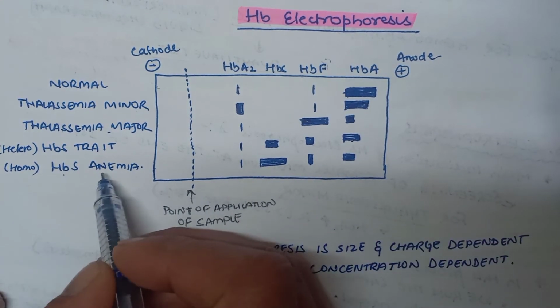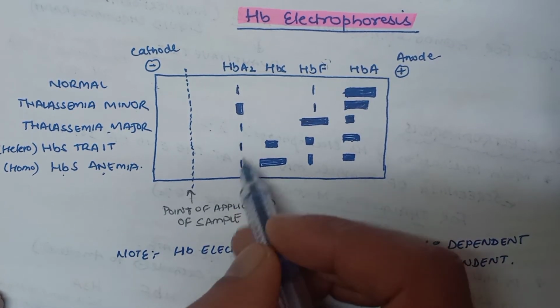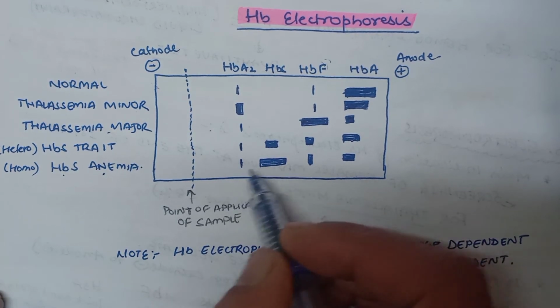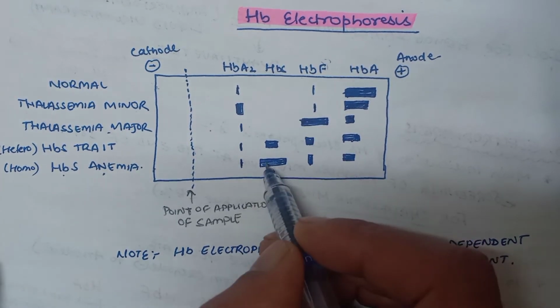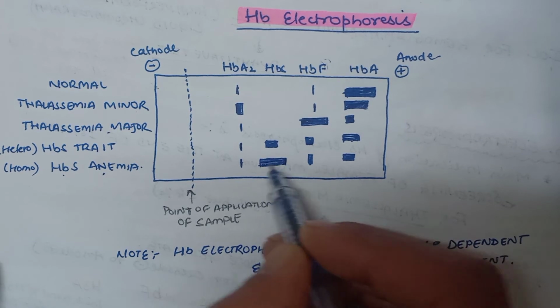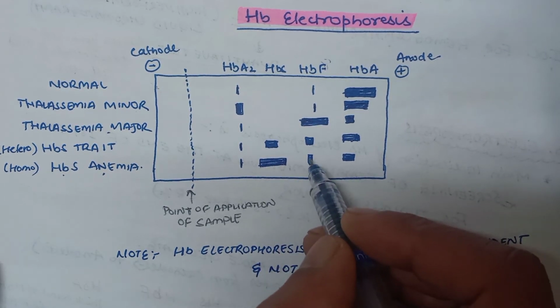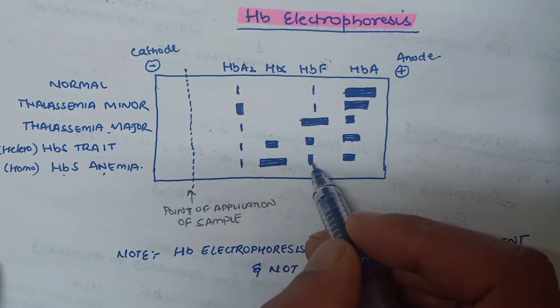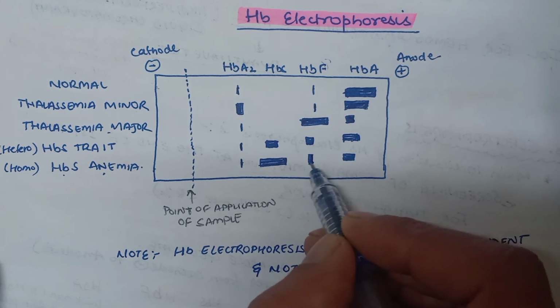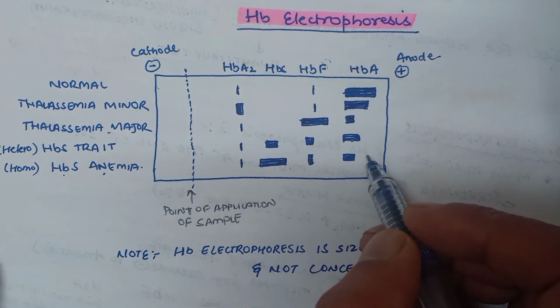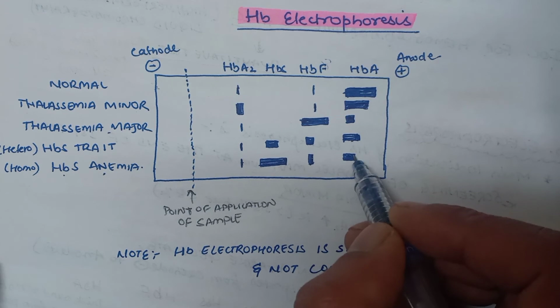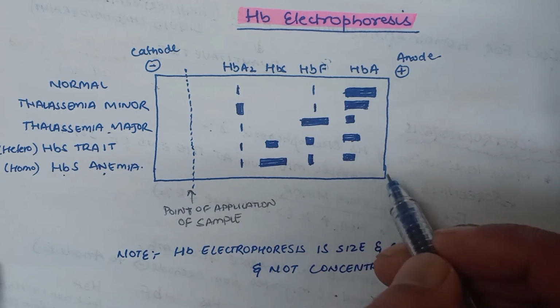Whereas in sickle cell anemia, HbA2 is normal. In sickle cell anemia, HbS will be predominant. HbF will be normal or slightly increased, and HbA will be markedly reduced.